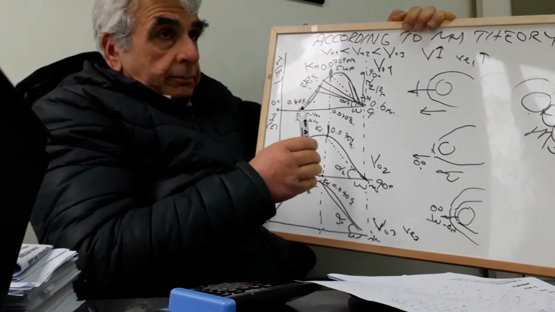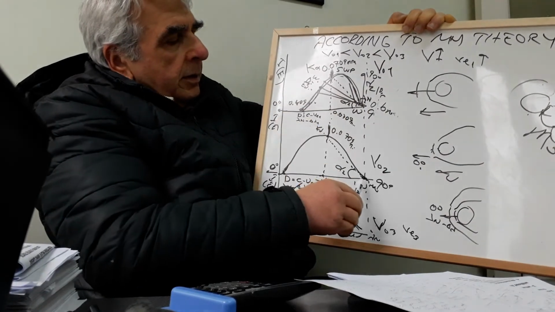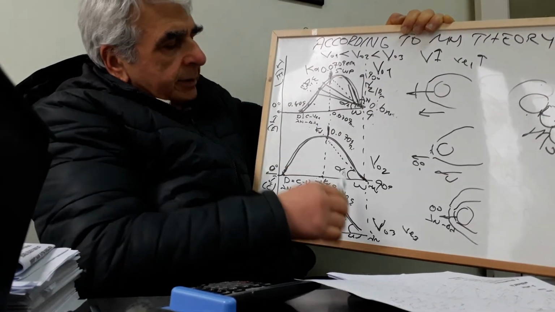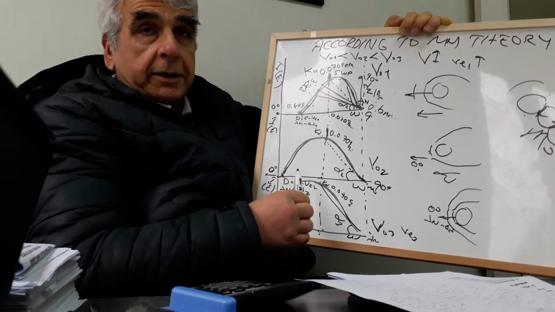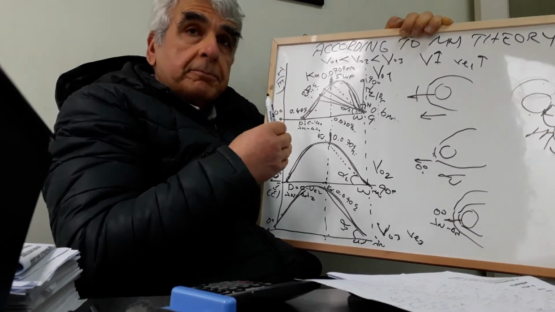Don't forget, these curve graphs, black body radiation graphs, have the same shape.